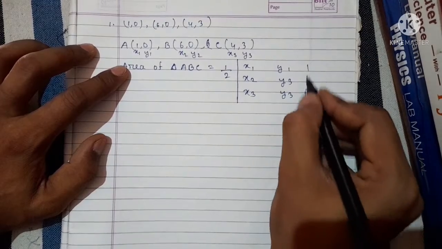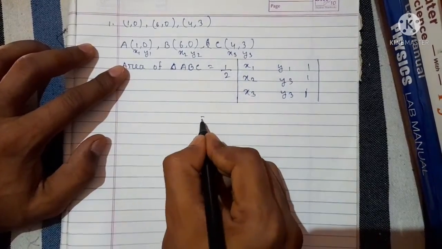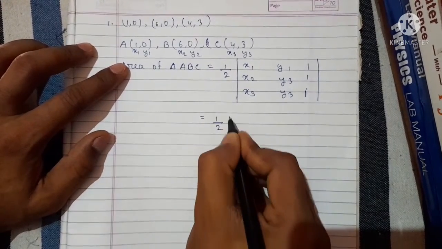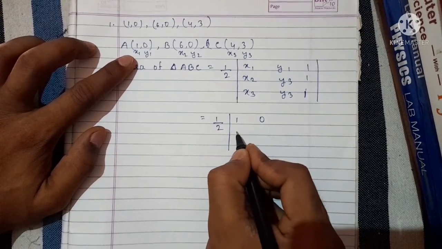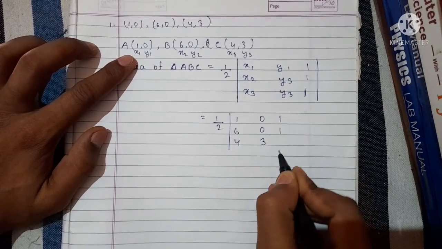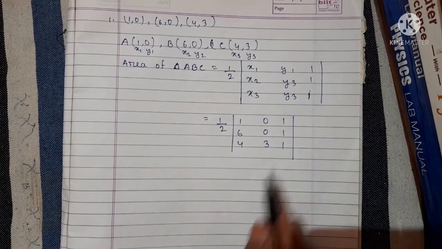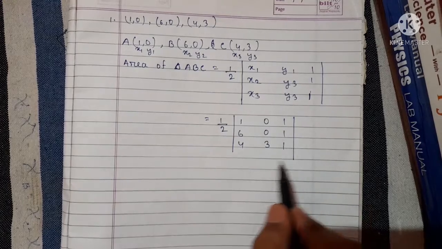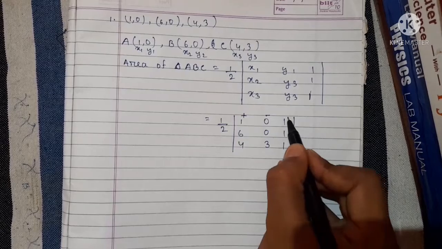I have already explained why I am writing this 1, to keep the value positive, right? Now you can put the values of x1 y1, x2 y2 and x3 y3. So we will get half into the determinant with rows 1 0 1, 6 0 1, and 4 3 1. Now, to find the area of the triangle, we will find the determinant of this. I told you the signs will be plus, minus, plus.